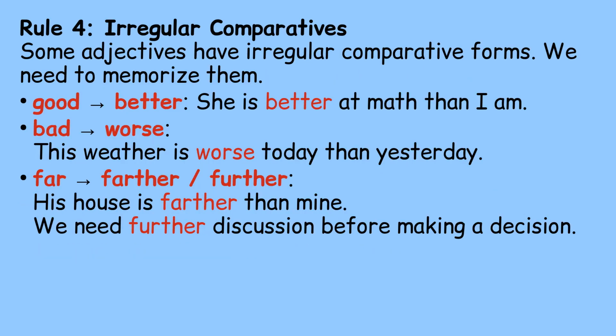Rule 4. Irregular comparatives. Some adjectives have irregular comparative forms. We need to memorize them. Good, better. She is better at math than I am. Bad, worse. This weather is worse today than yesterday.